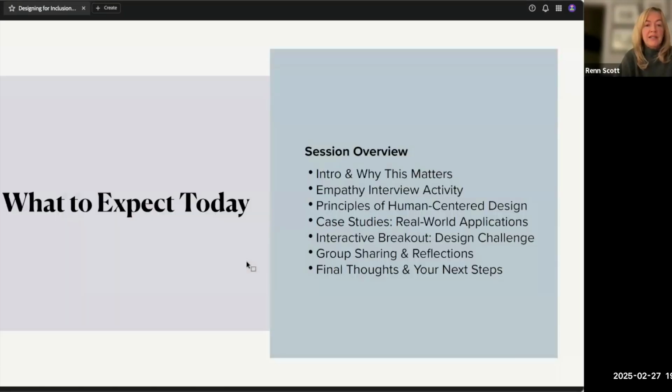So what to expect today? The session, as I mentioned, is designed to be interactive. We're going to start soon with an empathy building exercise. We're going to explore some key principles of human-centered design, and I'll also share three real world examples, some of the client work that I've done to show you how I have applied these design principles.